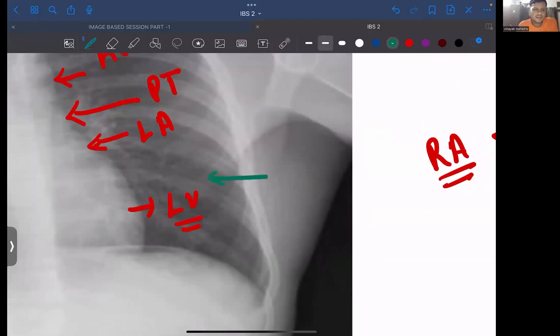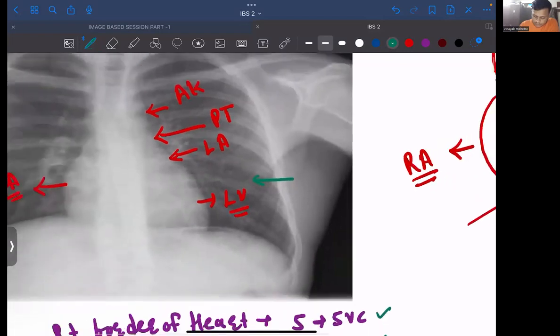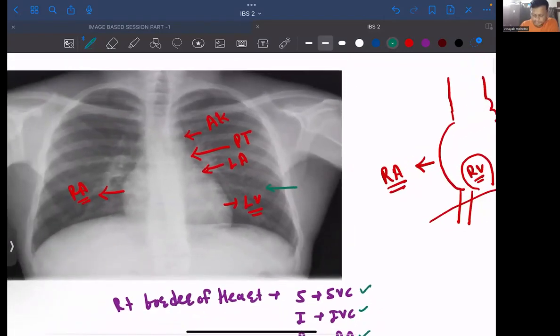Which is this rib? Okay. Now take a look. What do you think? Which is this rib? Anyone? Can take a wild guess? No?